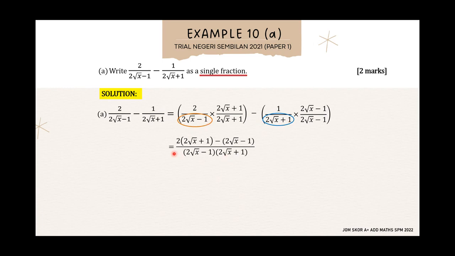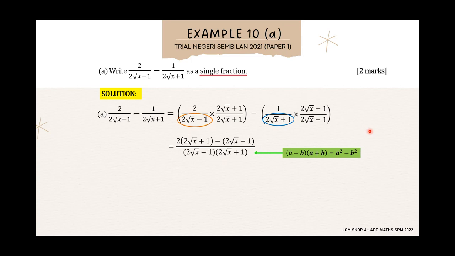Ini sama kan? Sama saja. Jadi, terus buat sebagai single fraction. Syarat untuk jadikan single fraction, you need to have same denominator. Sama, biarkan di dalam single fraction. Okey. Sekarang apa perlu kita buat? Darabkan. Ada bracket, expand. Pecahkan bracket. Okey.